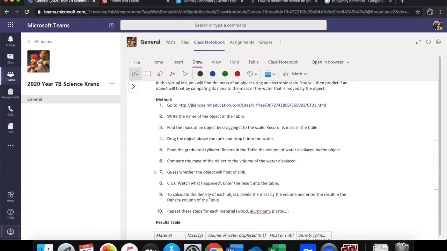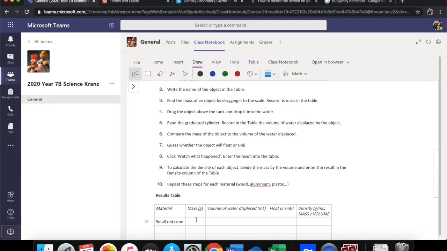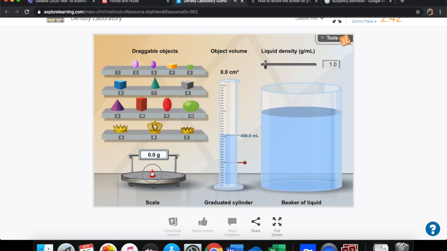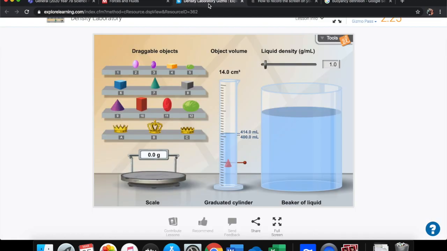Its mass: I put it on the scales, and it's 19.5 grams. The volume of water displaced means that we now put it in the graduated cylinder. It started at 400 mil. It's now up to 414 mil, so it displaced 14 mil. It went up by 14 mil, so its volume is 14 mil. Does it float or sink? It sank. It didn't sink right to the bottom, but it still sank.